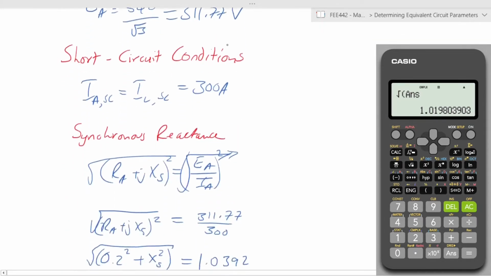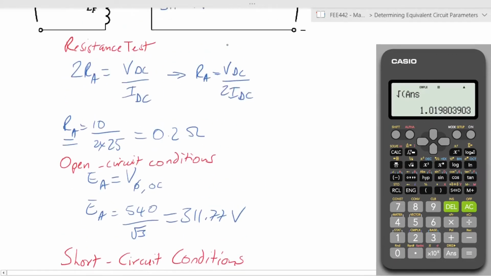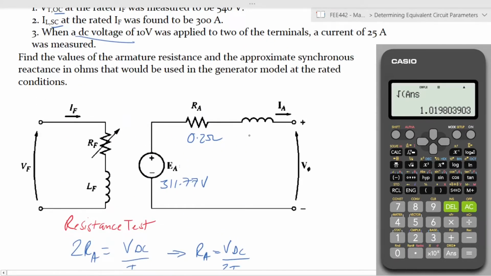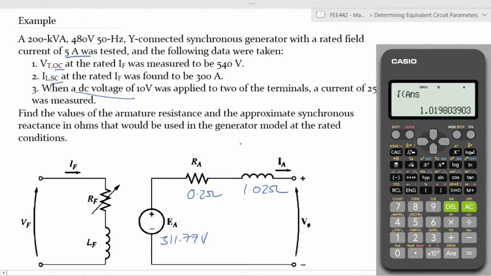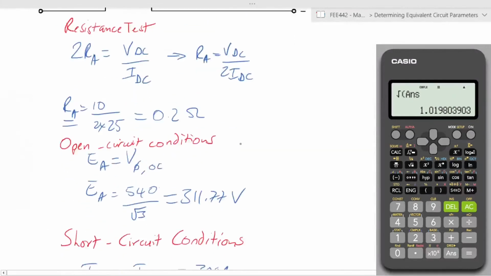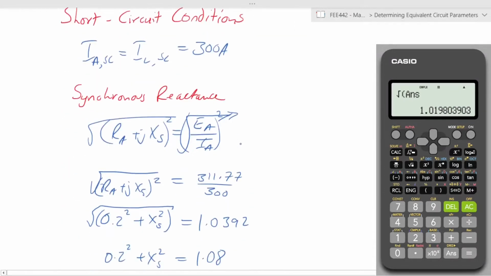And the XS, which we have just found, is 1.02 ohms. So those are the determining parameters, and we have been able to establish, through a simple series of tests, how we can determine the two of them.